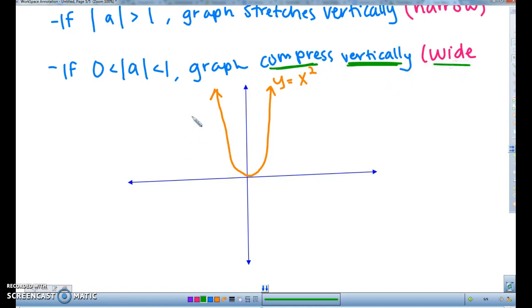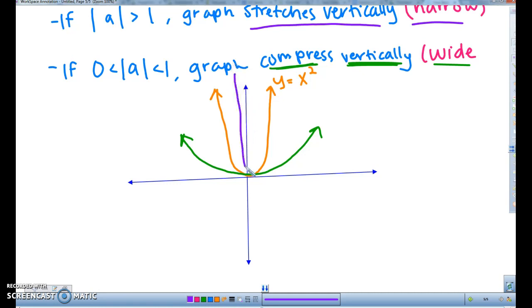If it's compressing vertically, I'm pushing the top down and flattening it out, so it becomes much more like this. It's a lot shorter, compressed vertically, but you're widening it out. Versus stretching vertically or narrowing, I'm pulling up those ends so that it becomes really tall and thin. So that's what stretching vertically would look like.